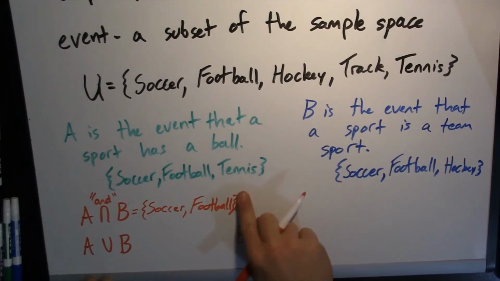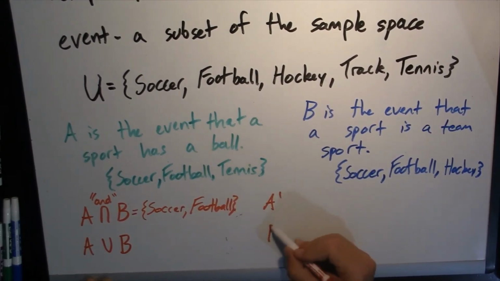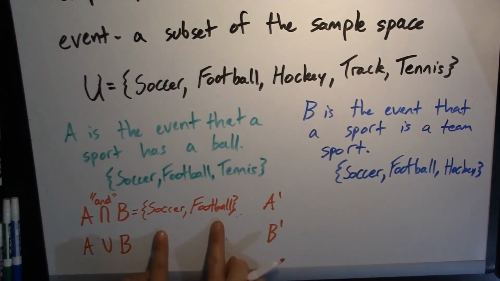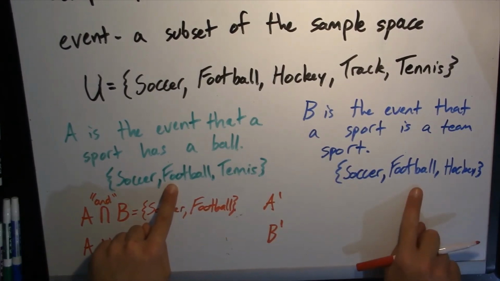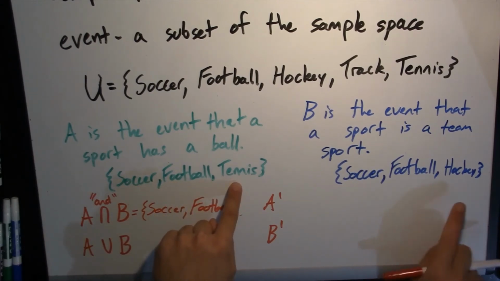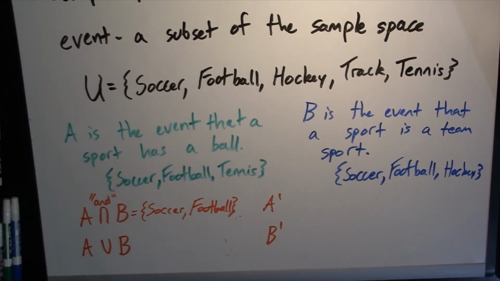Okay, getting a little close here, I will move this over. So that would be it. Soccer's in A, soccer's in B. Football's in A, football's in B. Tennis is in A, tennis is not in B. It does not go into the intersection. Hockey is in B, but it's not in A. It does not go in the intersection.